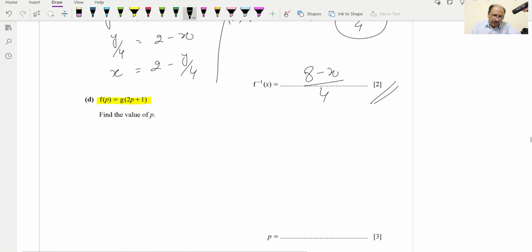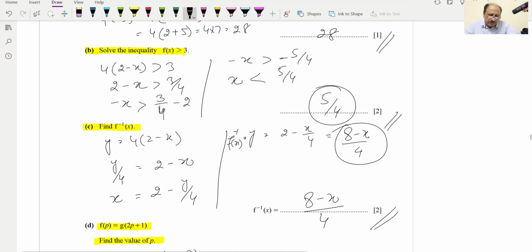F of p is equal to g of 2p plus 1. Find the value of p. So we will replace f of p, which will be what? F of p is equal to 4 into 2 minus p. We have replaced in f of x.